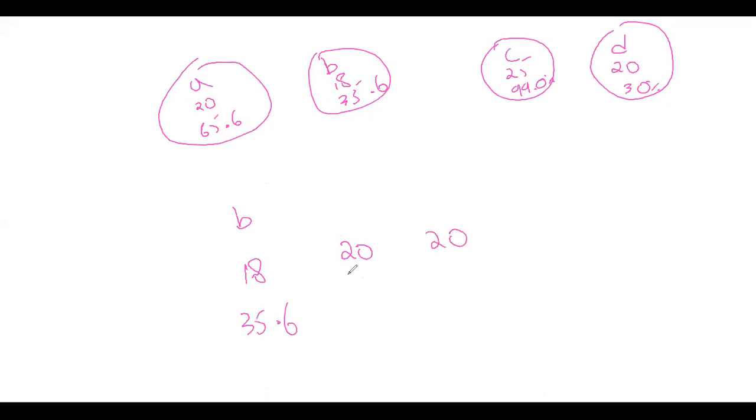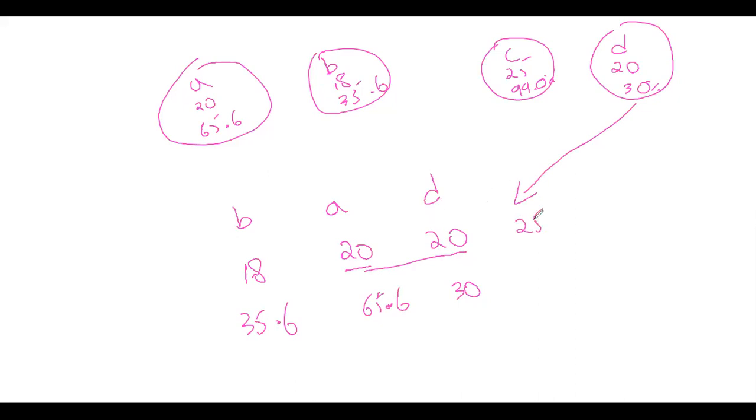The ages should be in ascending order, but the marks should be in descending order. So which 20 has the greatest mark? 65.6 has the greatest mark, then this 30 has lower marks. So 65.6 is of person A, 30 is of person D. This is what you have to do.